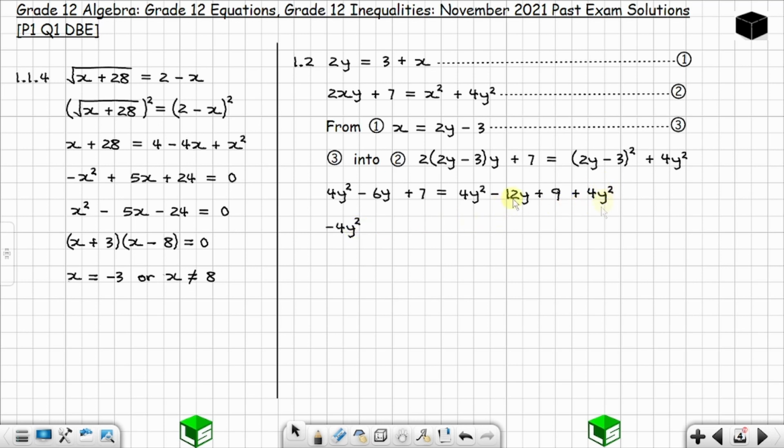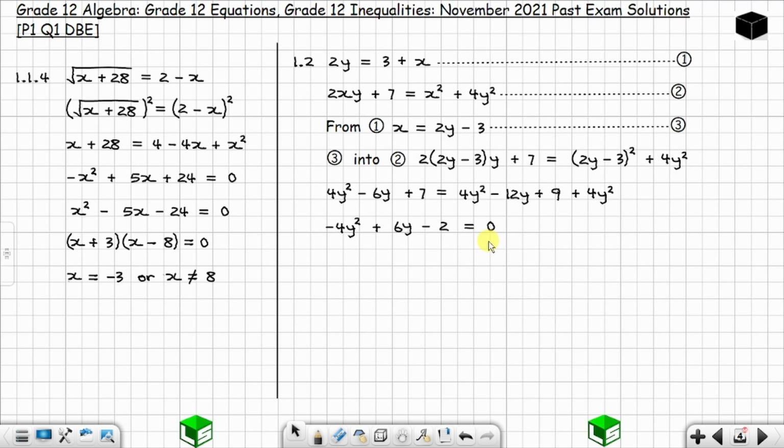The negative 12y becomes plus 12y, so 12y minus 6y is plus 6y. And 7 minus 9 is minus 2. This is equal to 0, and you only remain with 0 on the right side.